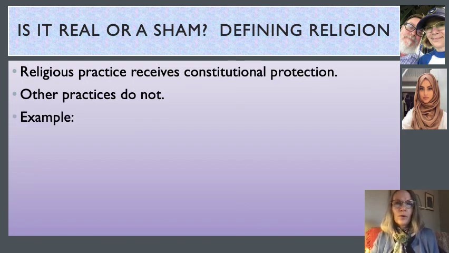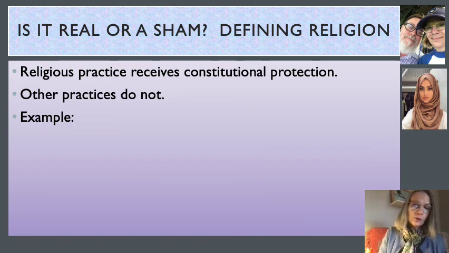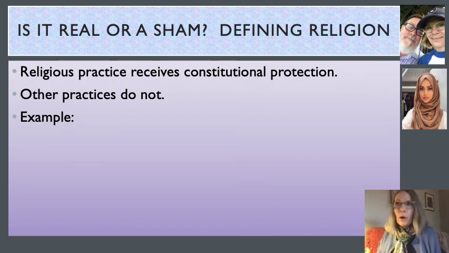And so, the question is how do we know whether or not a person's practice is actually motivated by their religious beliefs and therefore deserving of constitutional protection? And how do we know if their practices are not motivated by religious beliefs? Or maybe they say that they're motivated by religious beliefs, but only because they want some sort of benefit that the government could give them.